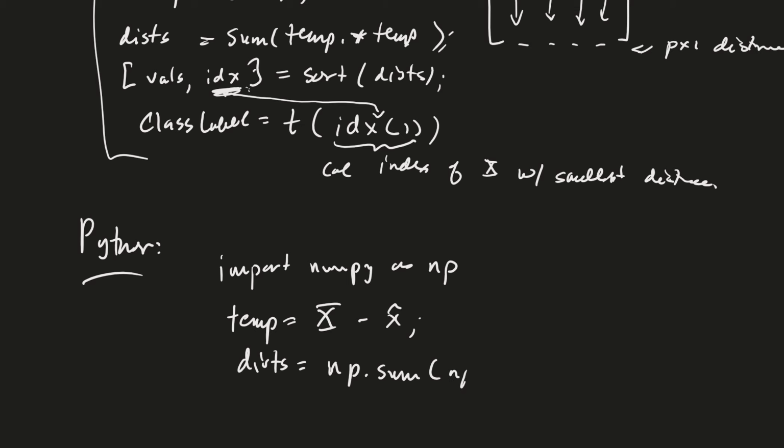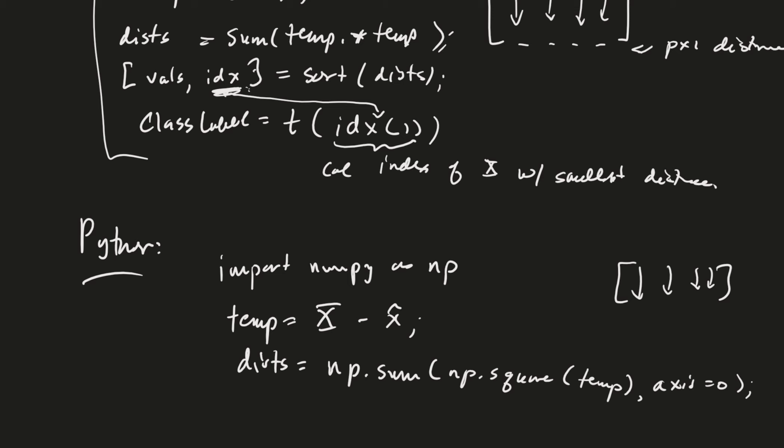So we have to have an np.square. We have to spell it out. And then temp. But then we have to say which axis we want to sum over, and so axis equals 0, the sum down, like we were saying before. Distances here should be a 1 by p row.